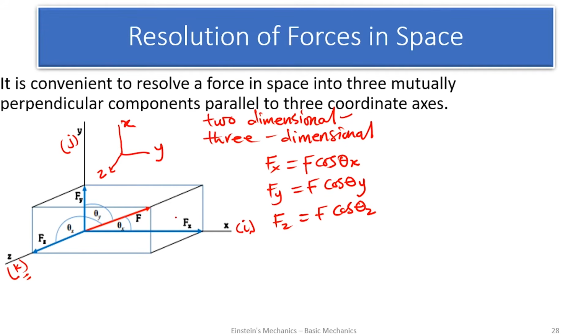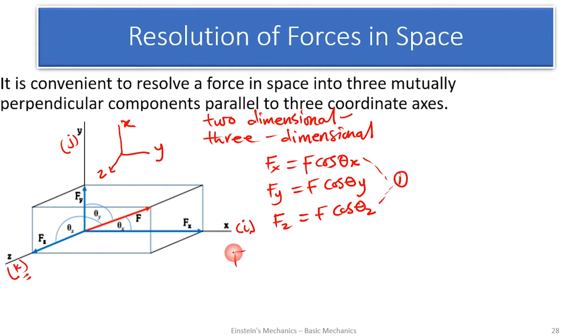We call all these formulas equation 1. Another formula comes up if we know the magnitude of the force on the x, on the y, and on the z. How do we get the magnitude?